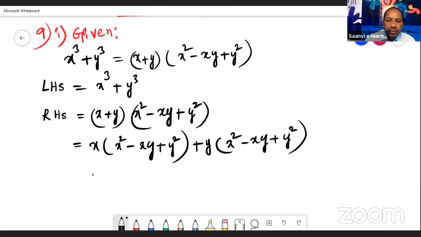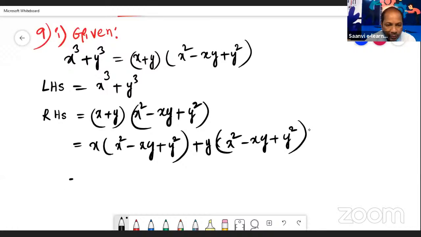Okay. So with this x and y, we multiplied the second expression separately. First we multiplied by x, and next, after x, plus y is there, so with plus y we multiplied this second expression. First of all, we have to multiply them like this.